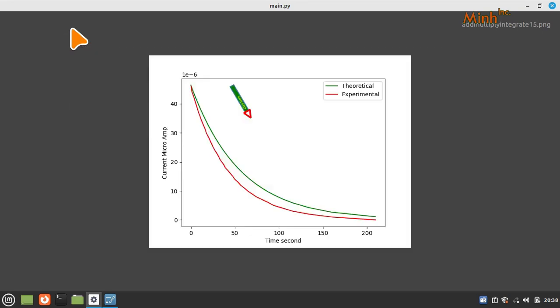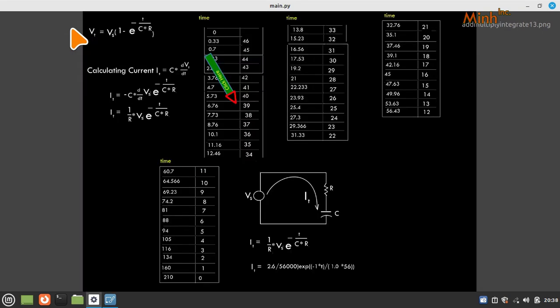In this circuit we calculated the current readings. Initially it is fluctuating, and then 46, 45, and so on are the microamperes appearing, along with the time instances at which they appear.